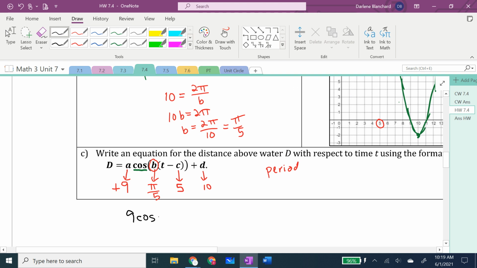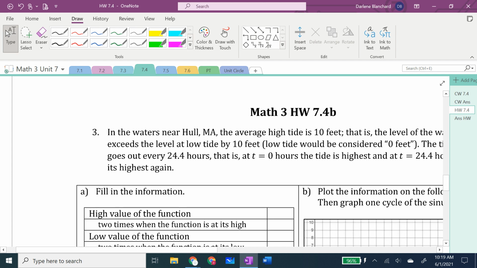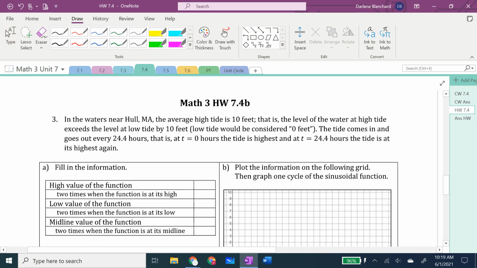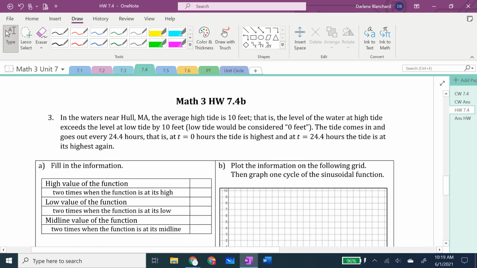Now I can get you started a little bit on the next two problems if you are really having a hard time and you're stuck. I should have put D equals. I'm not going to put any numbers down. I'm just going to point things out to you.